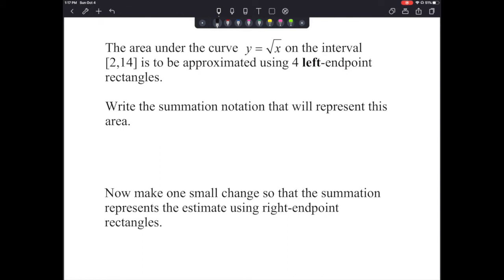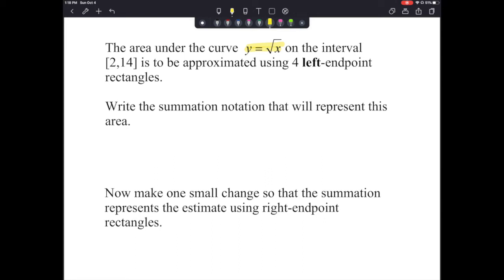The last slide in these notes says the area under the curve y equals the square root of x on the interval from 2 to 14 is to be approximated using 4 left endpoint rectangles. Write the summation notation that will represent this area. All right, so the key information, we've got this function, y is equal to the square root of x.